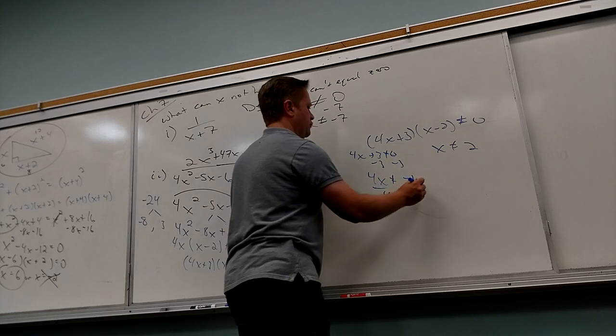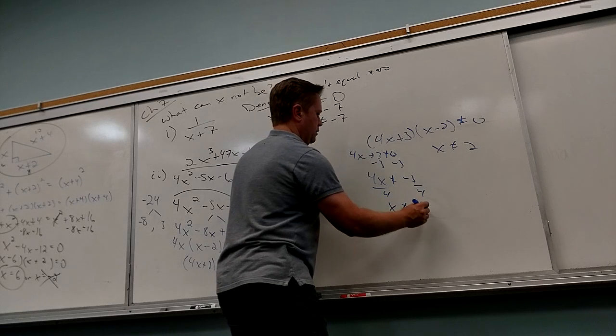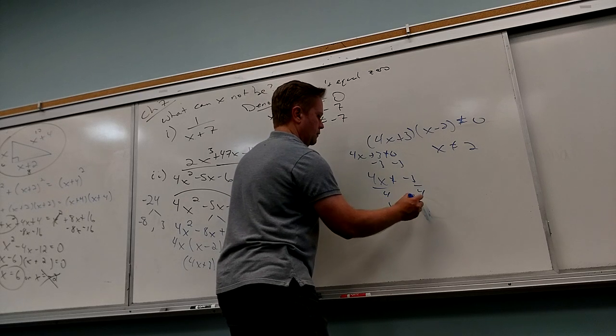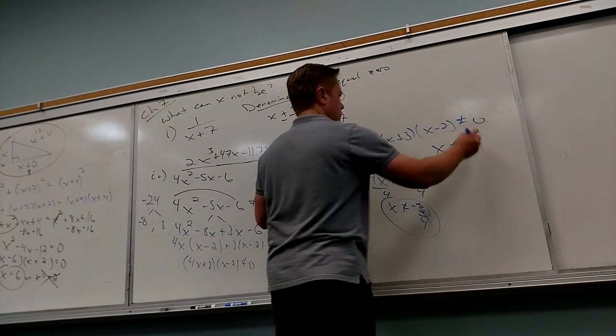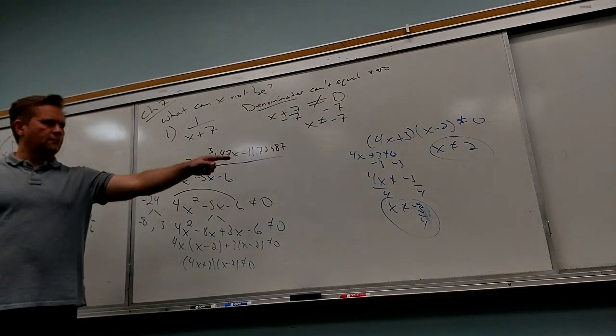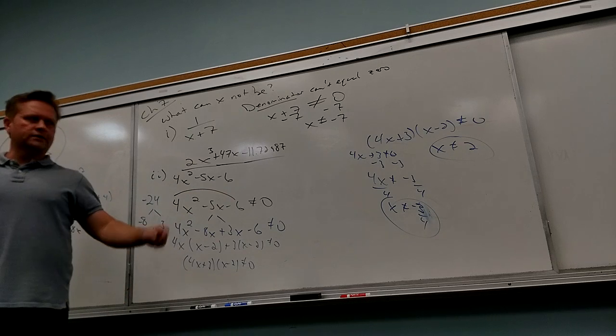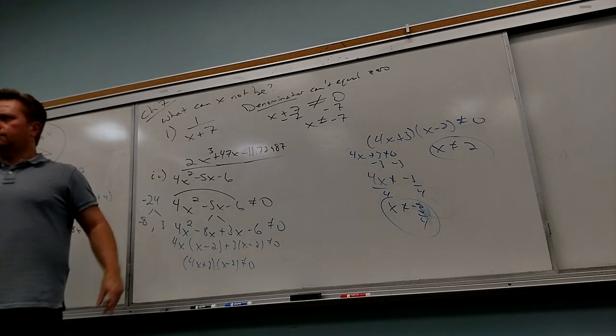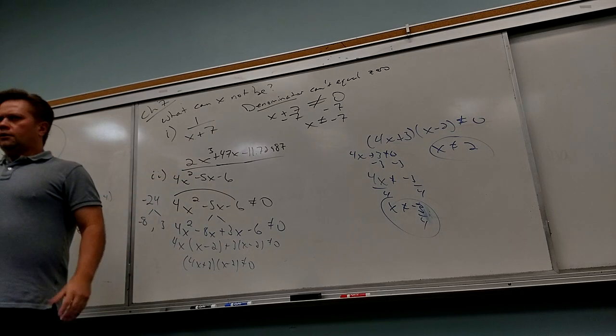And then I'm going to divide by 4. So I know it's going to be negative 3/4. So x can't be 2 and x can't be negative 3/4 because that would make this fraction undefined. I like it, I like it.